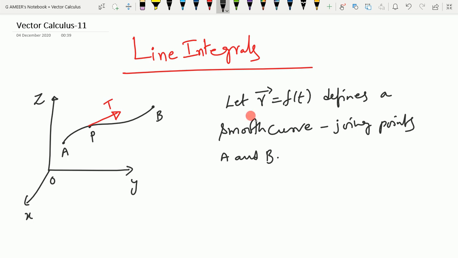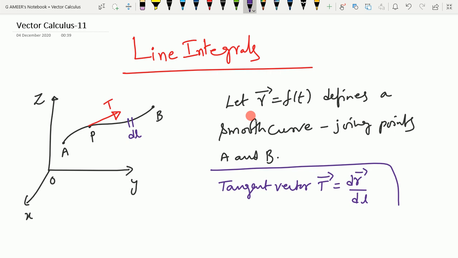Then if I take any element here, I'll take an element dl, or ds, dx, whatever it may be. dl is the length of this element. Then the tangent vector T is simply dr by dl.